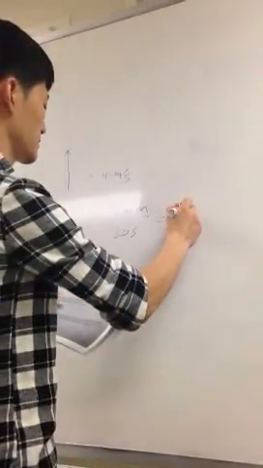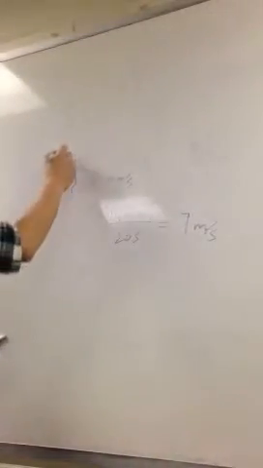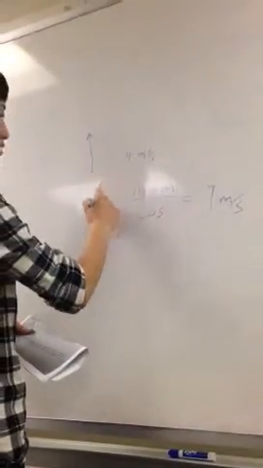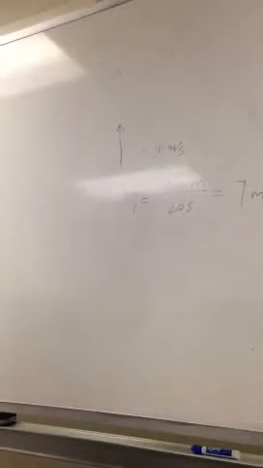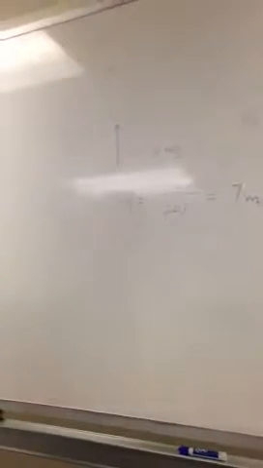So that's 7 meters per second, which is the velocity along y. Velocity is the change in distance over the change in time, so it's distance over time. That's along y.